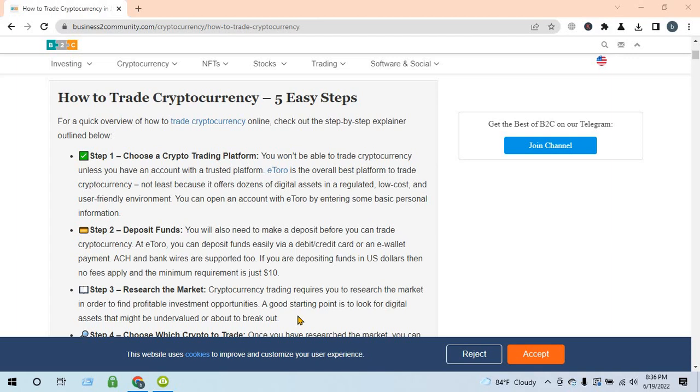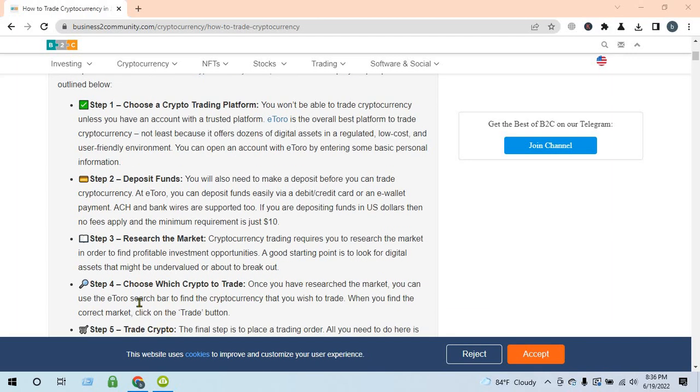A good starting point is to look for digital assets that might be undervalued, or about to break out.